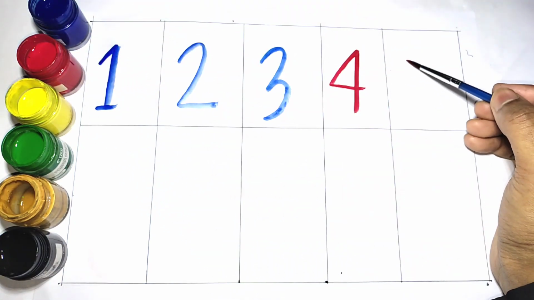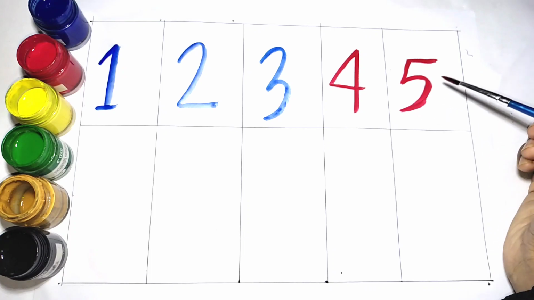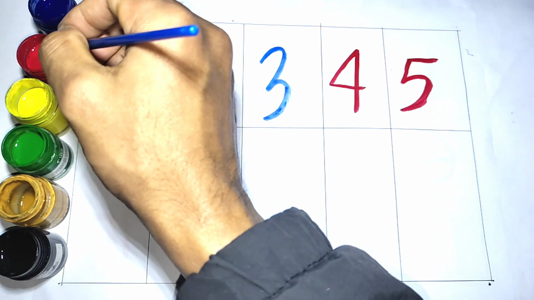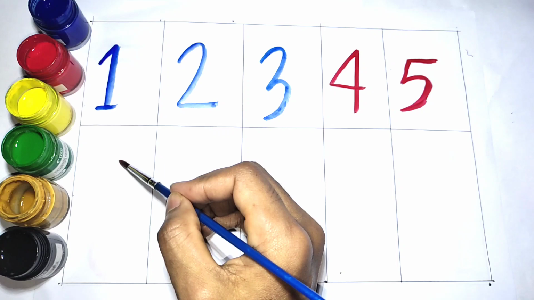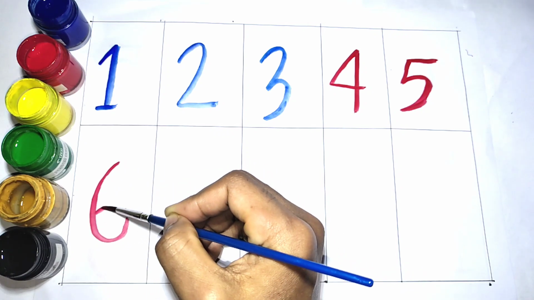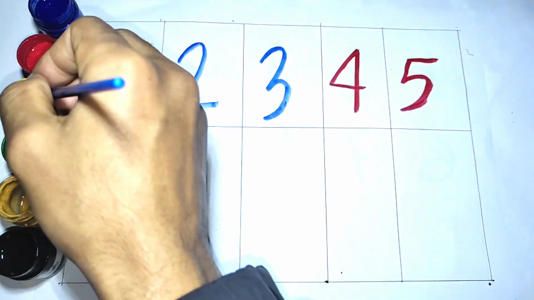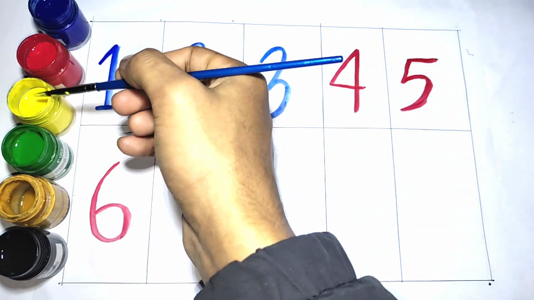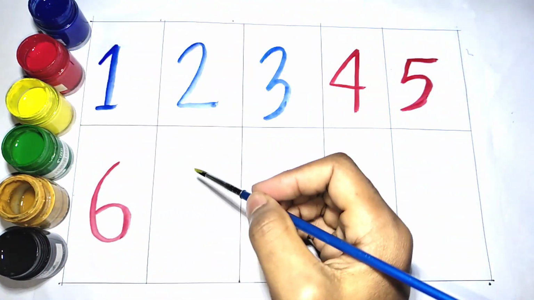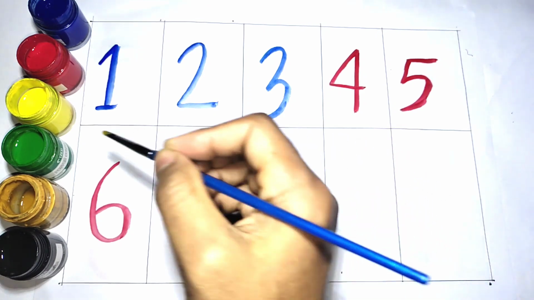The next one is 5. Now we draw the number of 6. Kids, now we draw 7 and use yellow color. Number of 7.